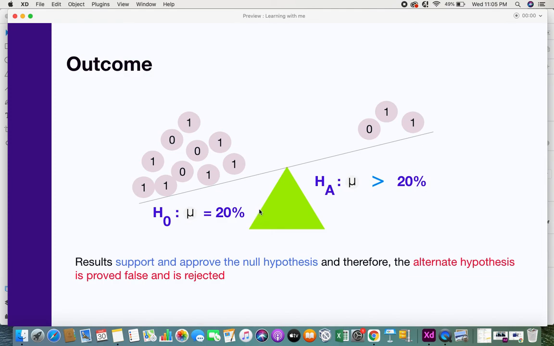But no two hypotheses can be right at the same time. That's the rule. So if the null hypothesis is true, it means that the research has failed. So the alternate hypothesis, if it is proven correct, then the null hypothesis is rejected and the alternate hypothesis will be the true statement for that particular research. So this is about the null and alternate hypothesis.